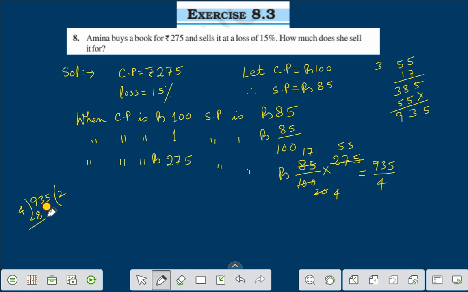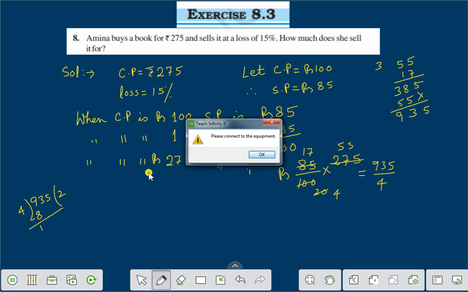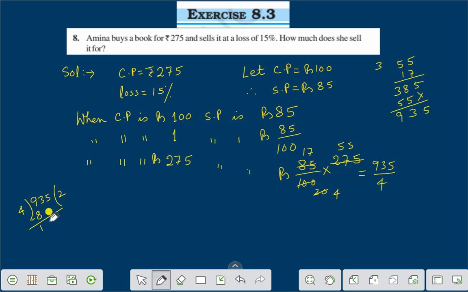9 minus 8 is 1, bring down 3, therefore 4 3 ja 12, 13 minus 12 is 1, and this is 15, right? Again 4 3 ja 12, 15 minus 12 is 3, right?